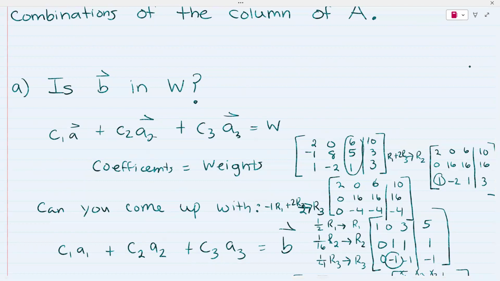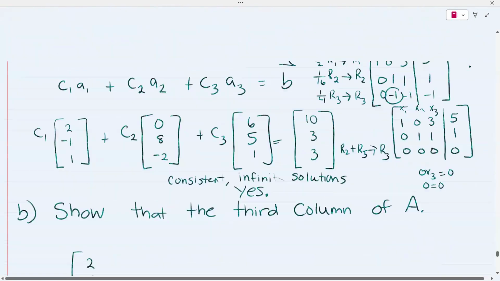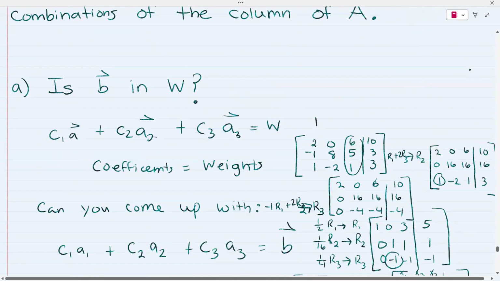So you're going to replace 10, 3, 3 with 6, 5, 1. You're going to set it up like this: 2, -1, 1. This stays the same, and this stays the same.